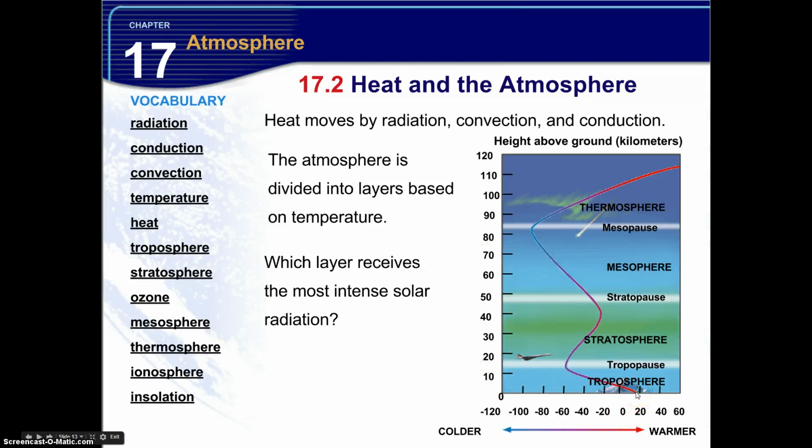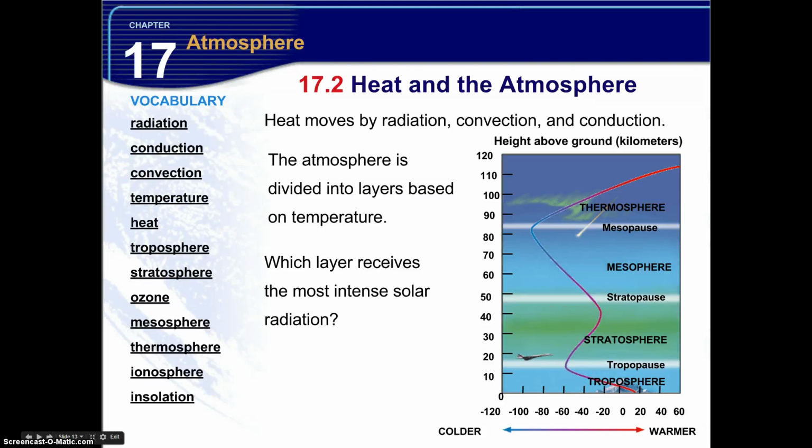You can see in the troposphere the temperature is warmest near the surface. Now the troposphere is the lowest layer of Earth's atmosphere. The temperature decreases with altitude. Now most of the sun's radiation is absorbed at Earth's surface, 51%, which in turn transfers heat to the atmosphere through conduction and radiation.